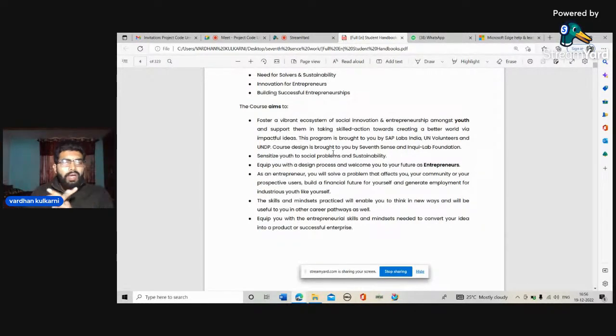As I was telling, there are certain mindsets and skills that have to be practiced to enable proper innovation skill sets in order to get impactful ideas, so that you'll be able to solve the social problems as well. The next point says equip you with entrepreneurial skills and mindsets needed to convert your ideas into a product or a successful enterprise.